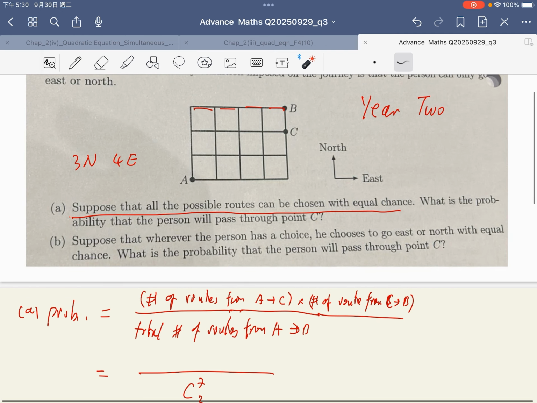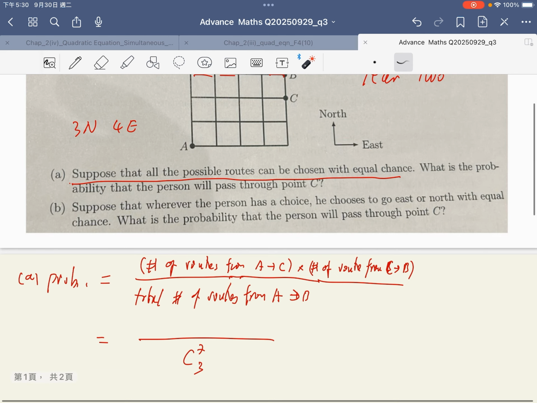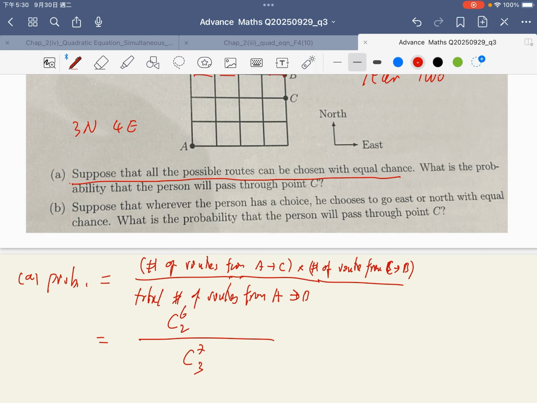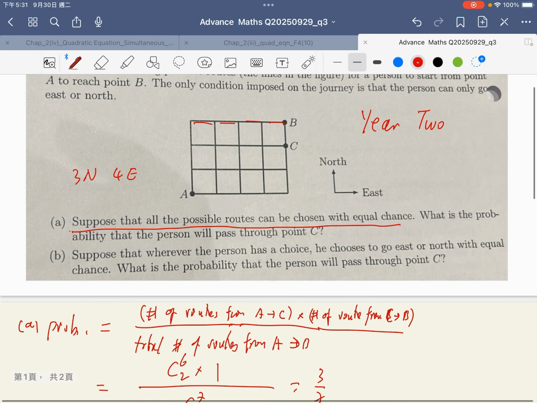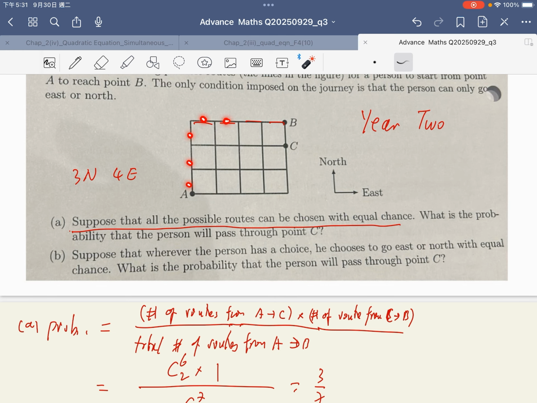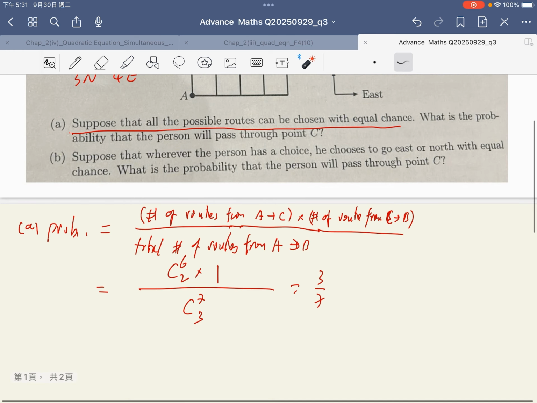For the numerator from A to C, there are 6 steps with 2 of them north, so 6C2, times 1. Then the answer is 3 over 7.